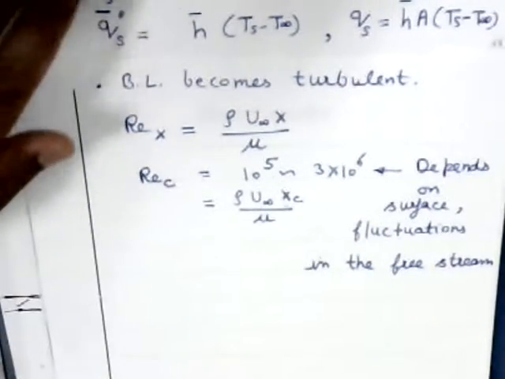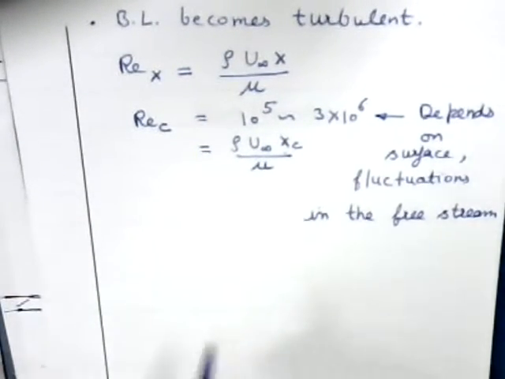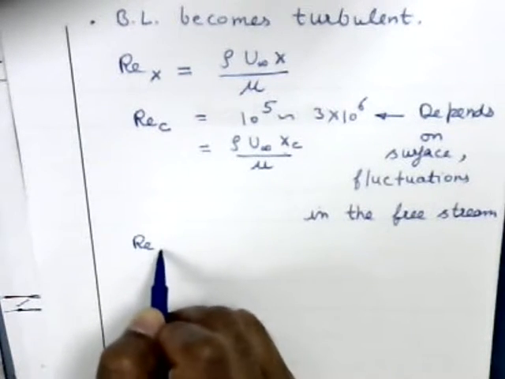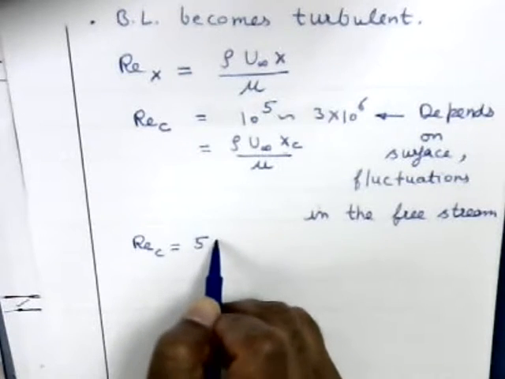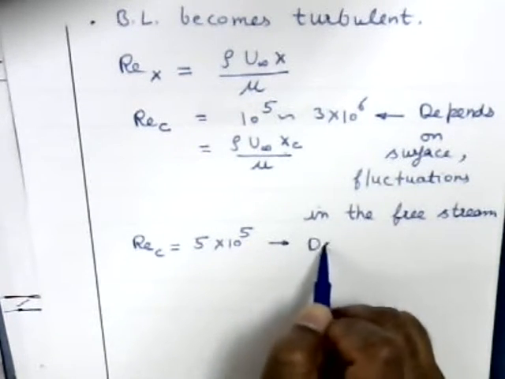If the value of the critical Reynolds number at which flow becomes turbulent is not given, we just take the default value as 5 times 10 to the 5. This we take as the default value if it is not given.